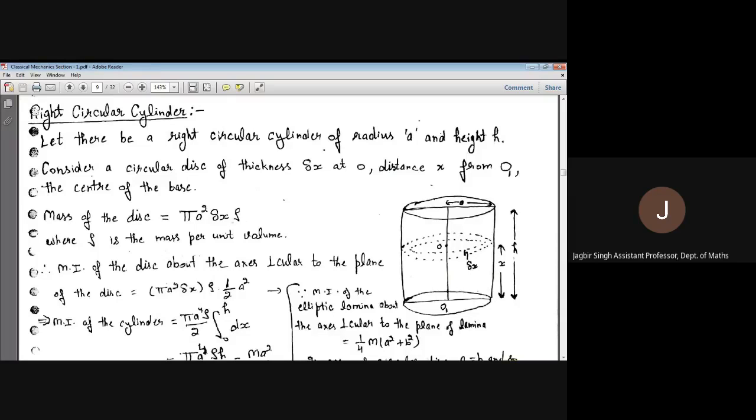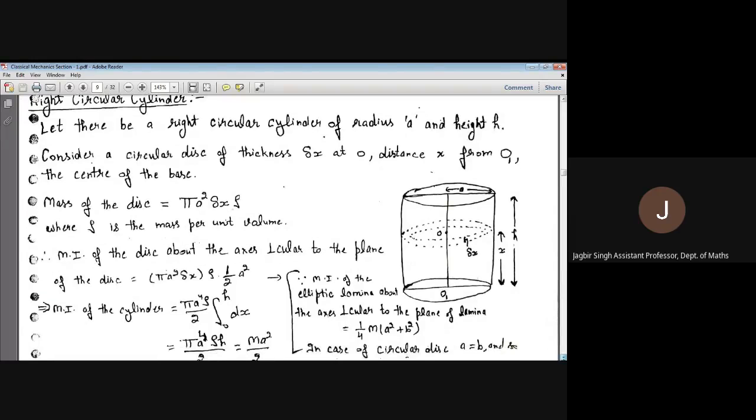So we have a right circular cylinder, every slice is a disc, and we have to find the moment of inertia about its axis, that is, the moment of inertia of the disc about a line passing through its center. It's an easy one. Just using the article of the disc, we can obtain the moment of inertia, and then we can integrate from 0 to h, the limits for the rectangular lamina.